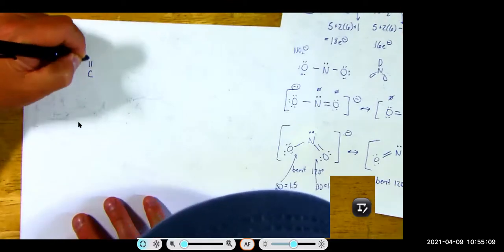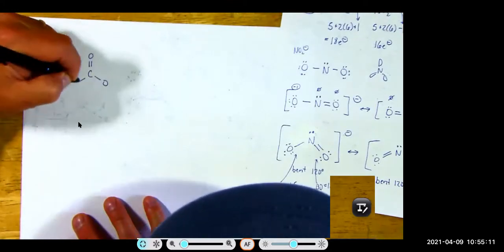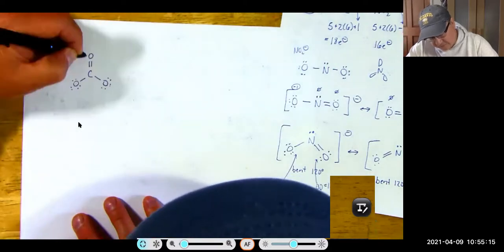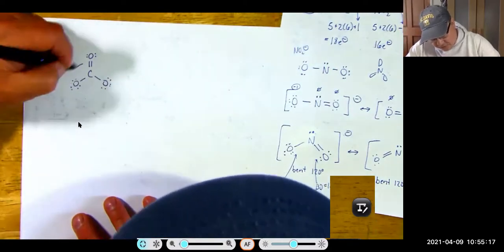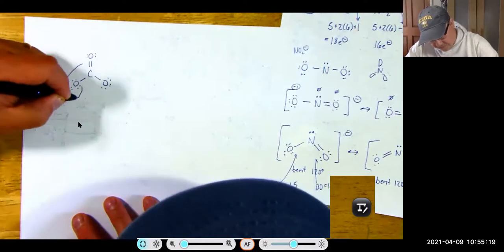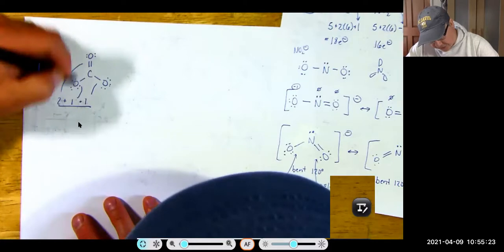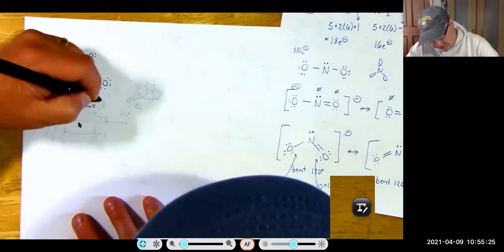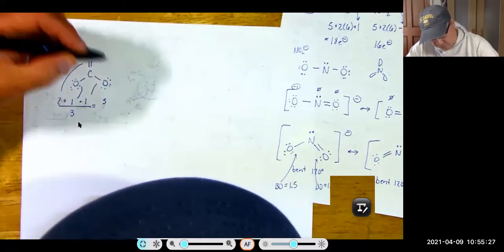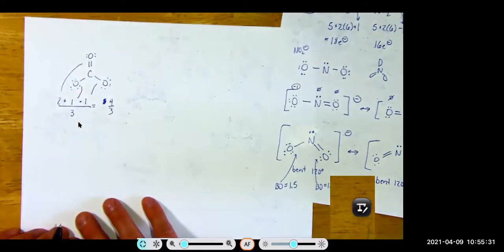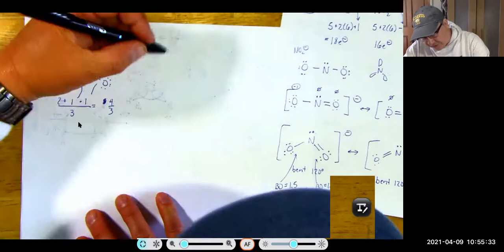Our book says for this one you get 2 plus 1 plus 1 divided by 3 bonds, so it's 4/3. That's exactly how I was doing it. The real way you're supposed to do it is this way.